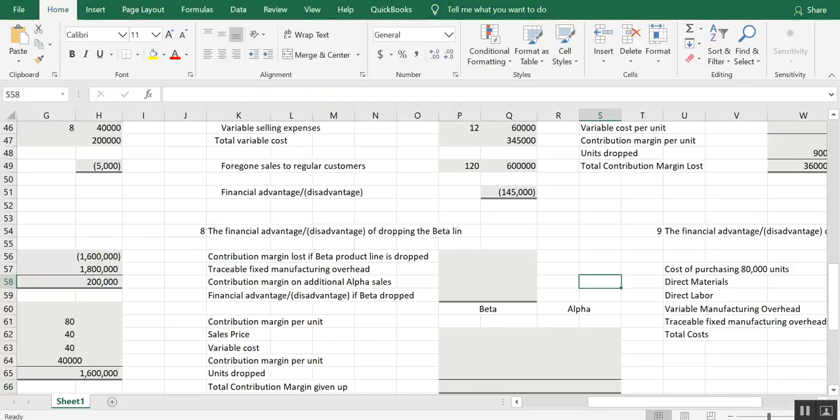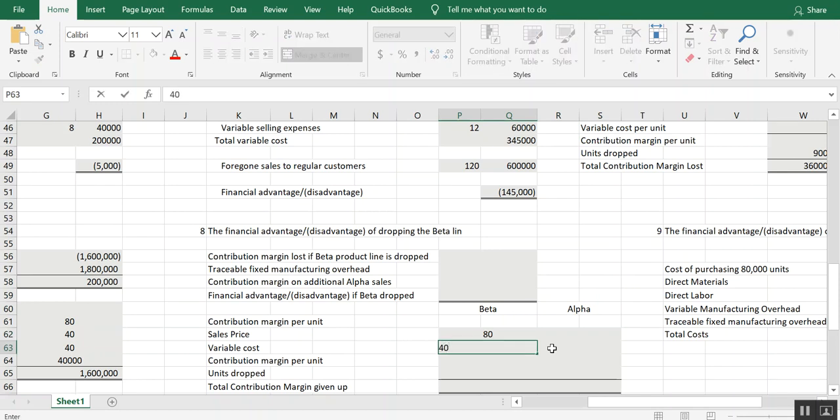So we want to go back and recompute this with additional information about the alpha. So we're going to start with the contribution margin per unit as we did before. So we take the beta sales price and then the beta variable cost, which we've computed, and that's direct materials, direct labor, variable overhead, and variable selling. So we'll take the difference between those and we get $40 as a contribution margin per unit.